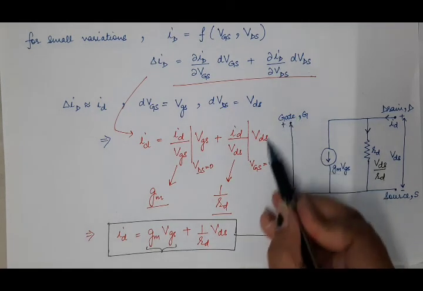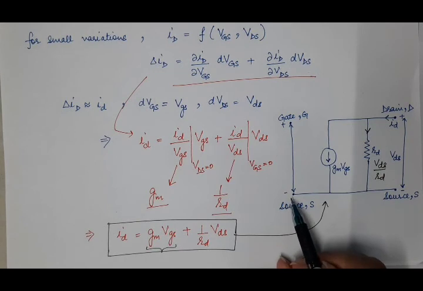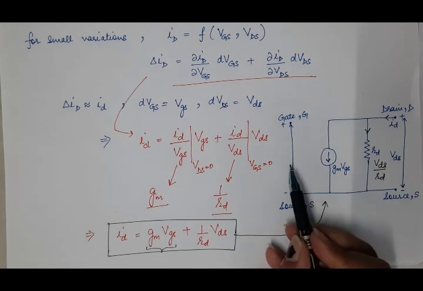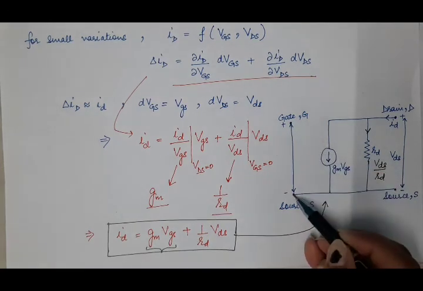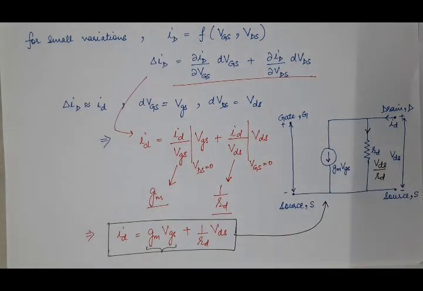And on this side, as IG is equal to 0 because of the high input impedance of this circuit, that is why this gate source junction is open. Because of the high input impedance of this gate source junction, it is open and IG is approximately equal to 0.